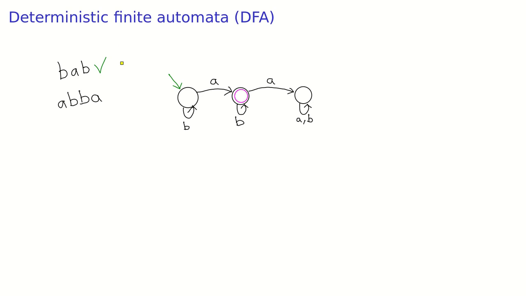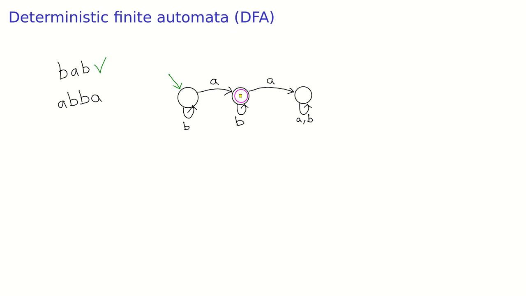And now let's look at another example. For example, the word ABBA. We start in the starting state again. Since the first letter is an A, we follow the A arrow. So we switch the state to here. The next letter is a B, so we do the B loop. Then we have another B, so we do the B loop again.